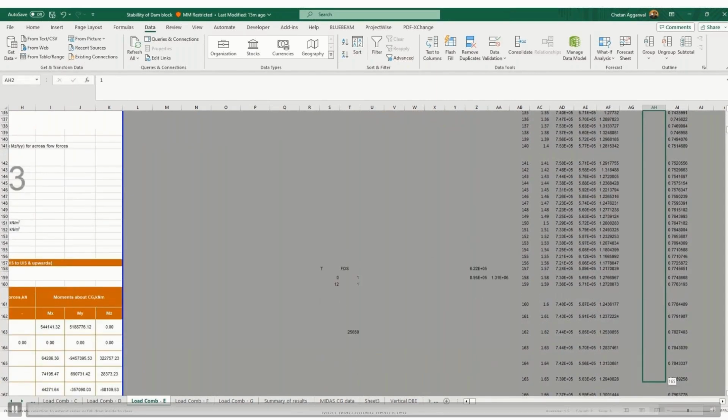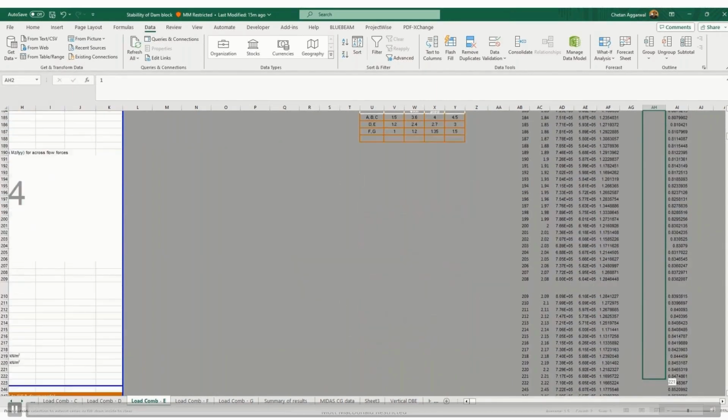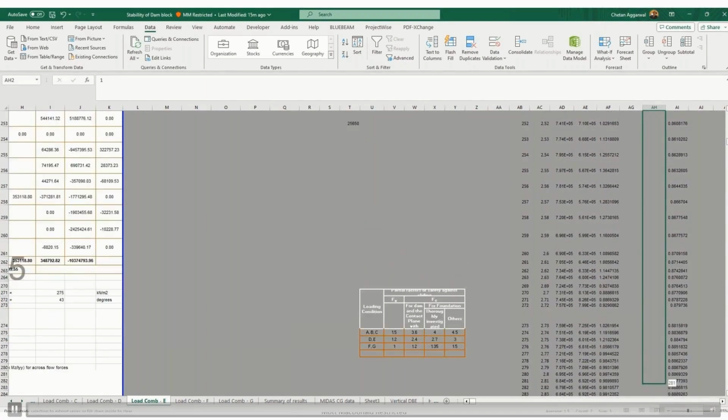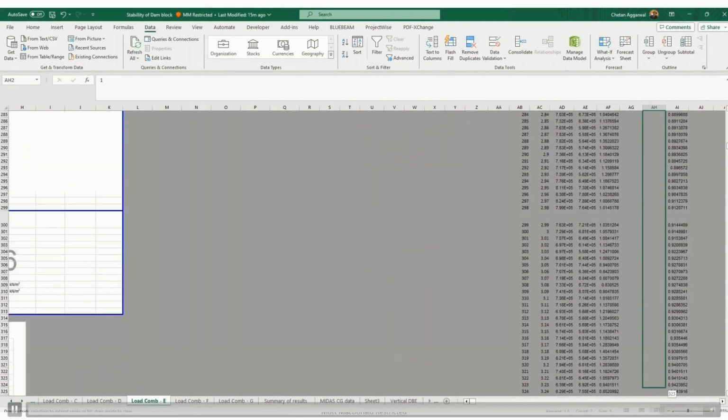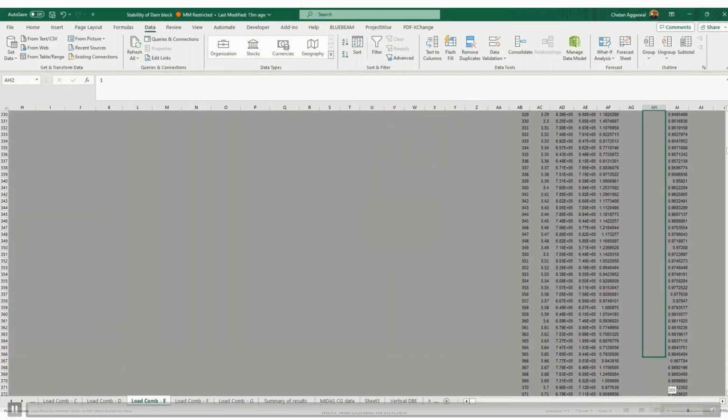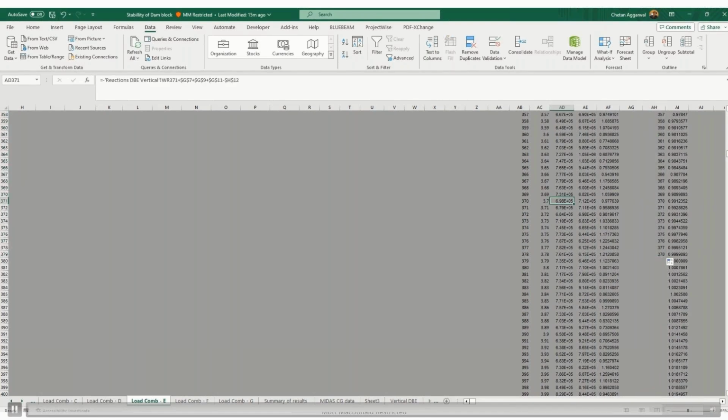Out of 800, still it is less than 1. Okay, see, it is 378. Almost half, 50% of the cycles, the factor of safety is less than 1.